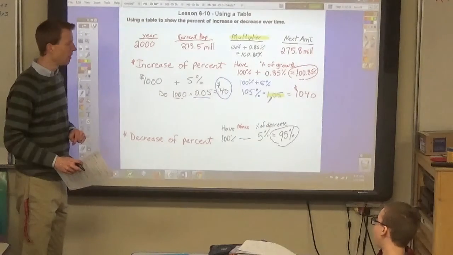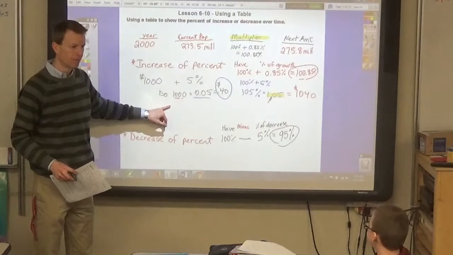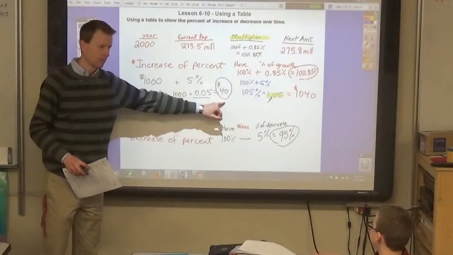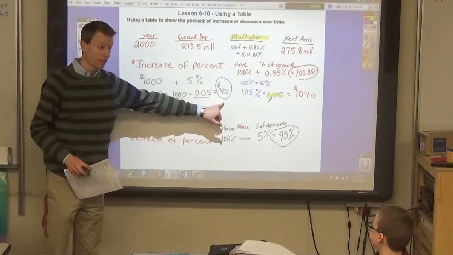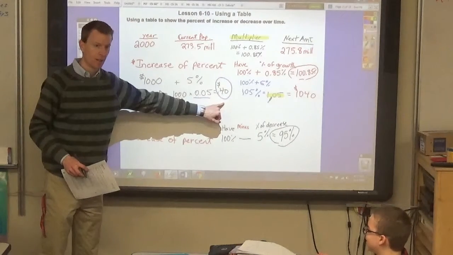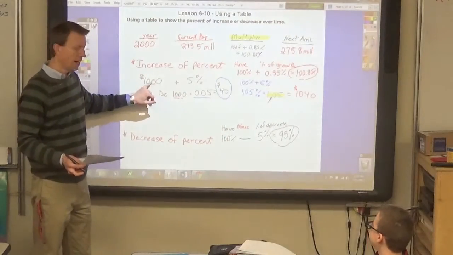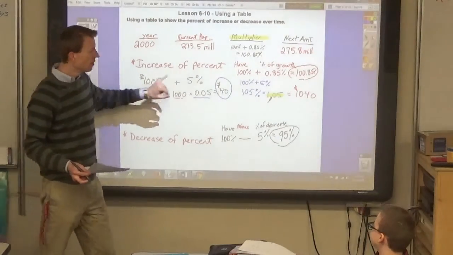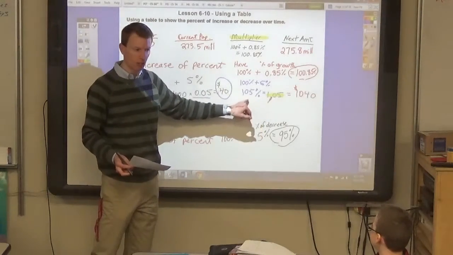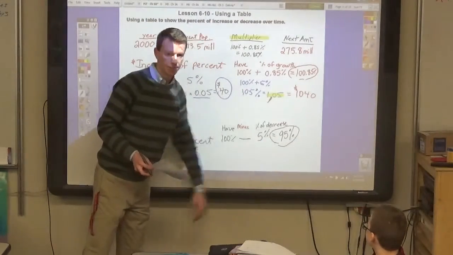What's 5% of the original amount? Max? What is 5%? Look, I'm pointing at it. $50, right? Now, we can also just multiply 1,000 times 100% plus 5%, which is 105%, and get the total amount at the end.